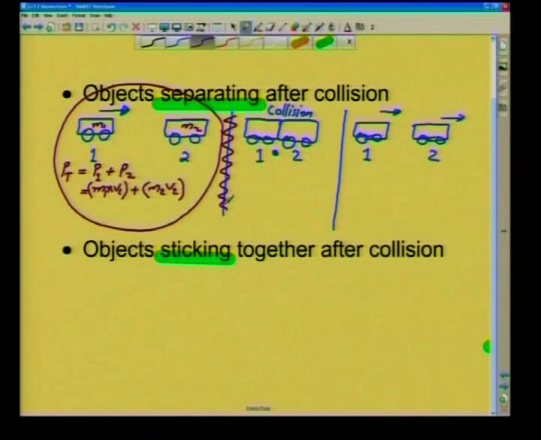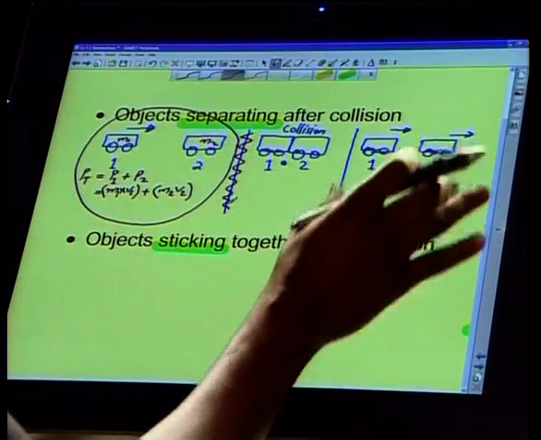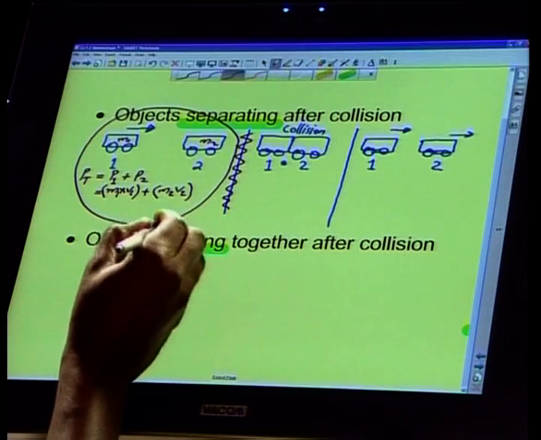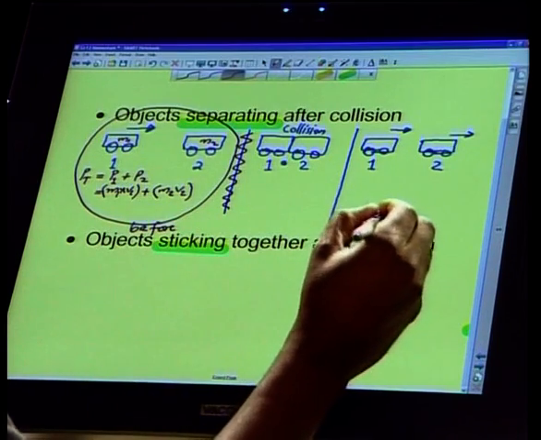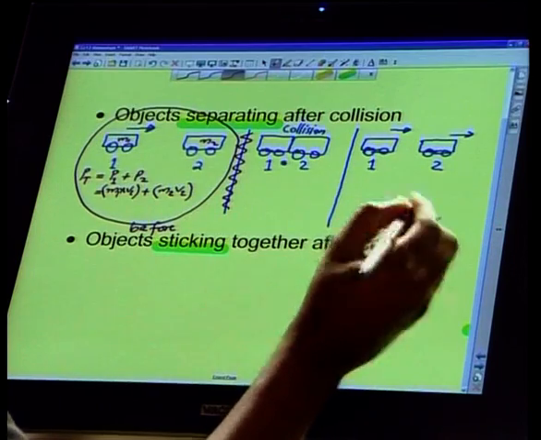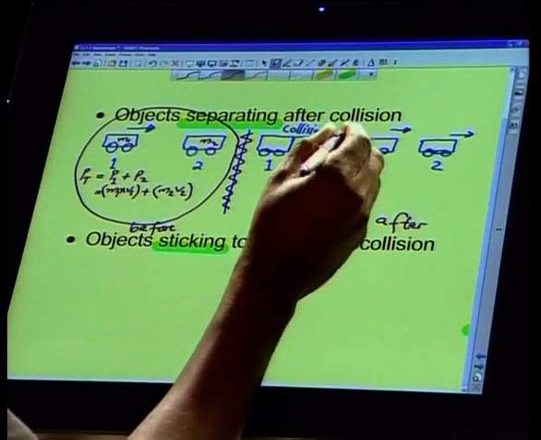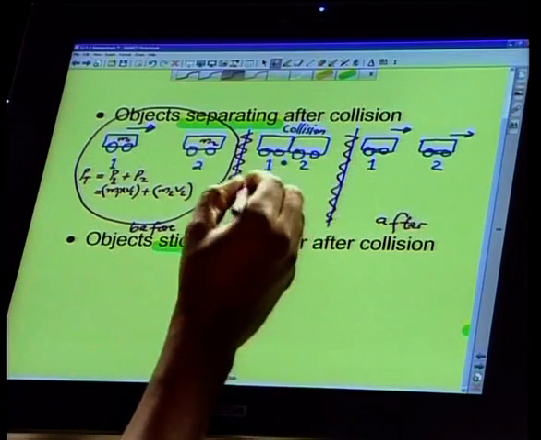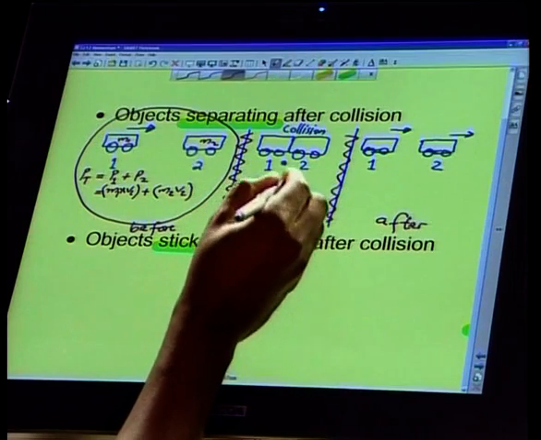This is before the collision happened, and that is after the collision has happened. Okay, so we've got a situation of before collision and after collision. So this is before collision, and that is after collision. So this is the situation that we have. This is the incident, if you like. This is what happened.